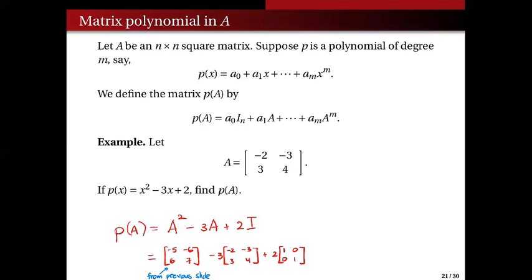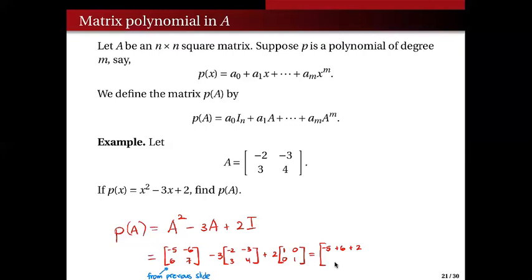And therefore, let's just simplify this. We have here negative 5 minus 3 times negative 2, so we will have plus 6, and then plus 2 times 1, so plus 2.